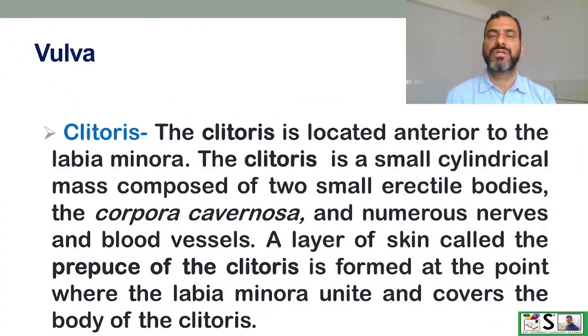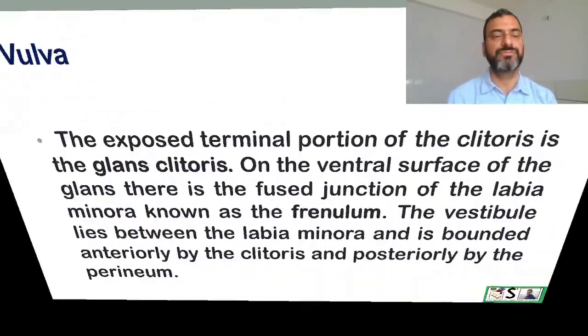Clitoris. Clitoris is located anteriorly to the labia minora. The clitoris is a small cylindrical mass composed of two small erectile tissues or bodies. These are known as corpora cavernosa, and there are numerous nerves and blood vessels inside it. A layer of skin called prepuce of the clitoris is formed at the point where labia minora unite and cover the body of clitoris.